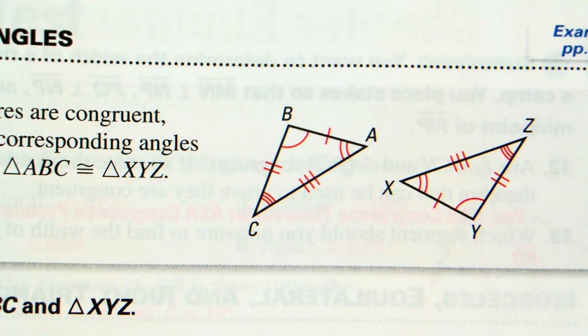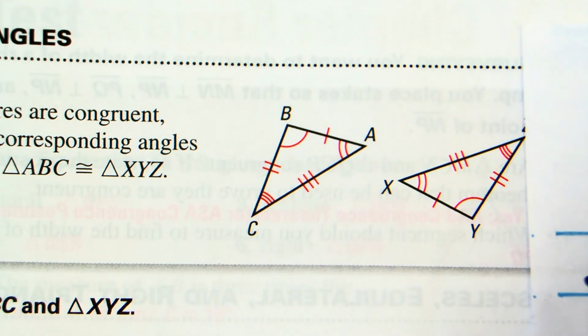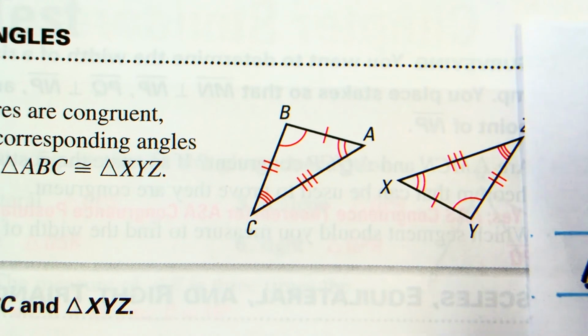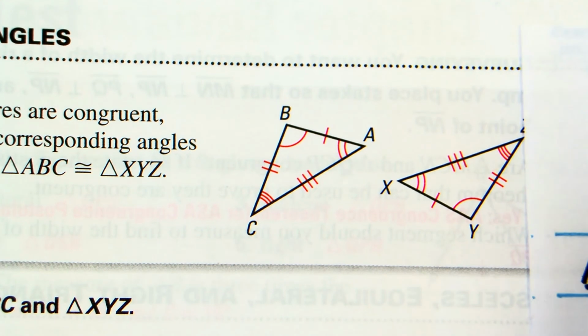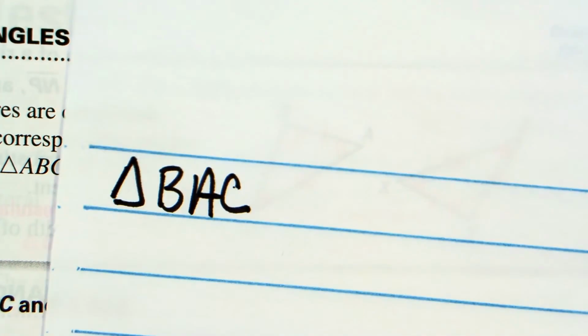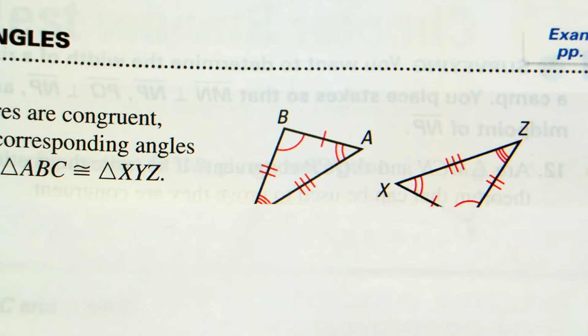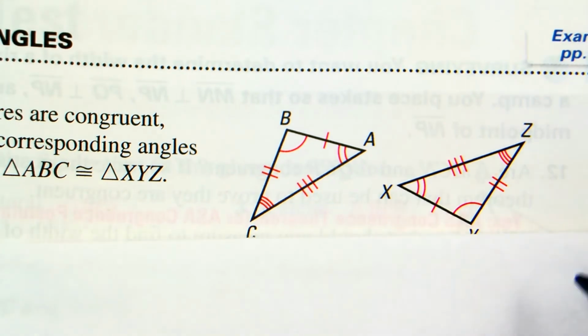So if I were going to write that as a congruent statement, I would say triangle BAC is congruent to triangle YXZ.